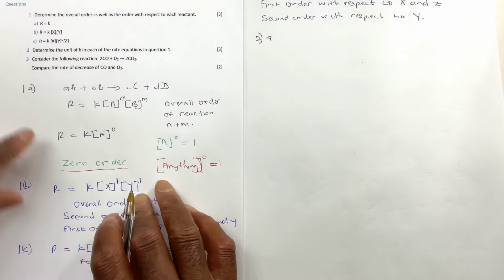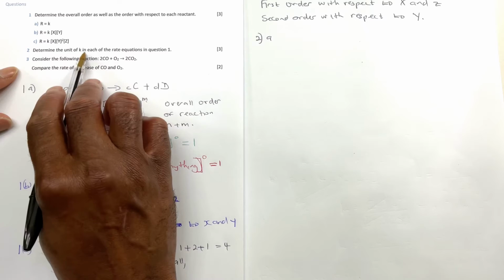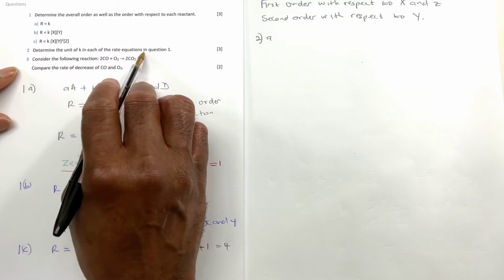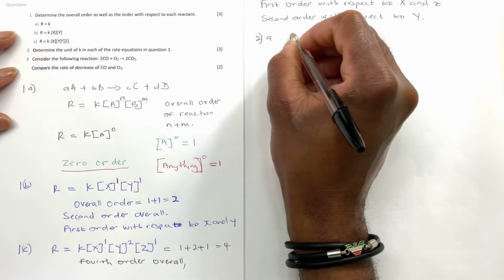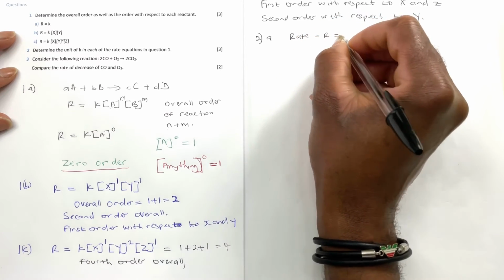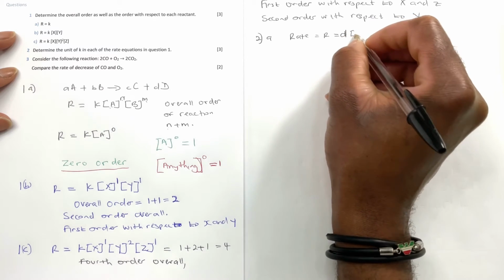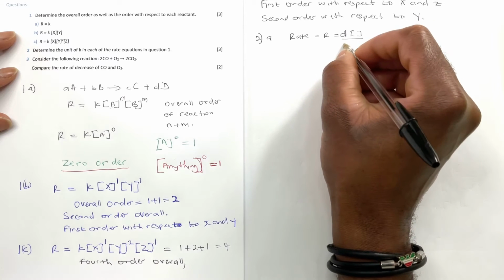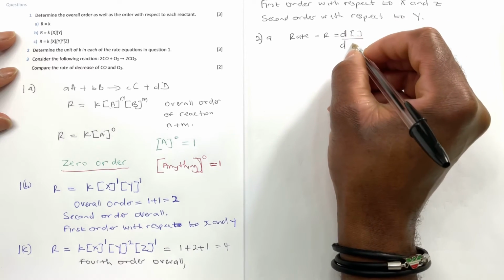Now, question number 2A. We need to determine the unit of k in each of the rate equations in question 1. Well, rate itself, which is r, equals change in concentration over change in time, or difference in concentration over difference in time.